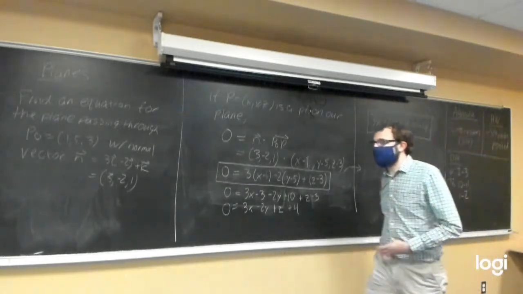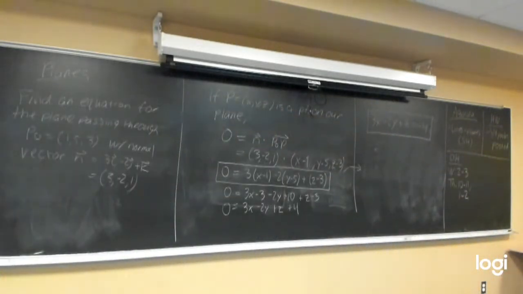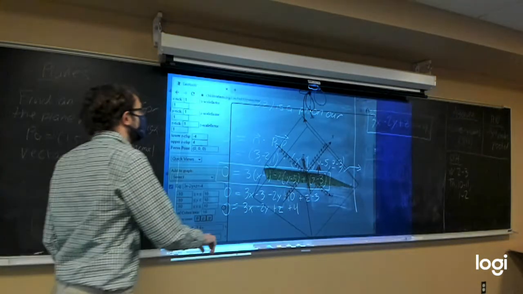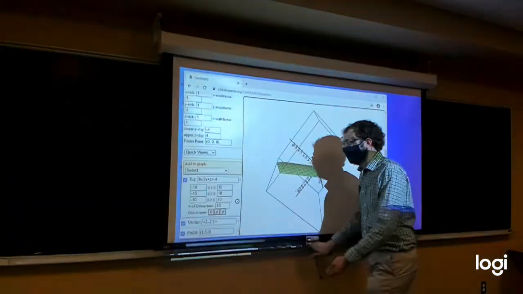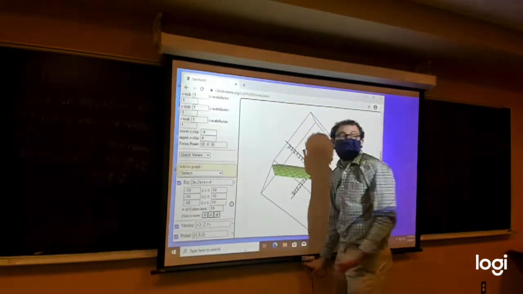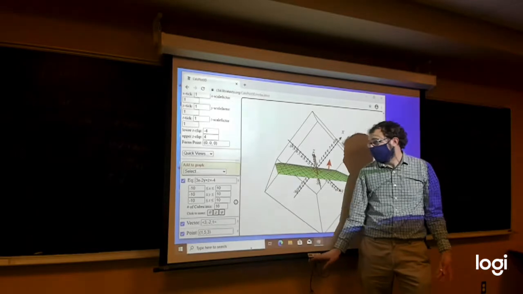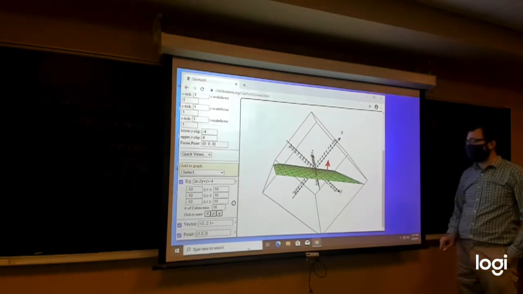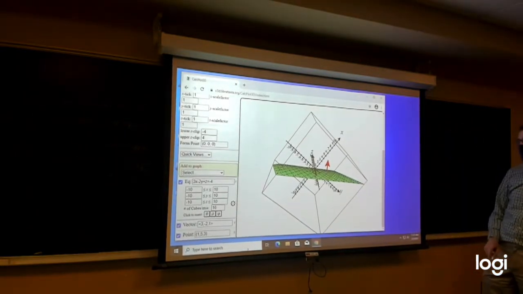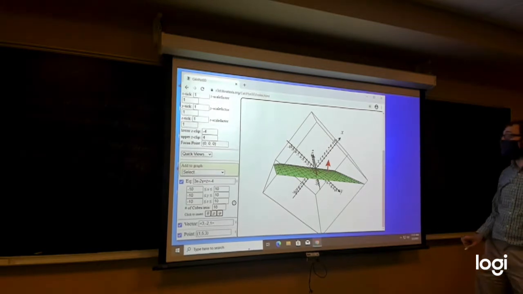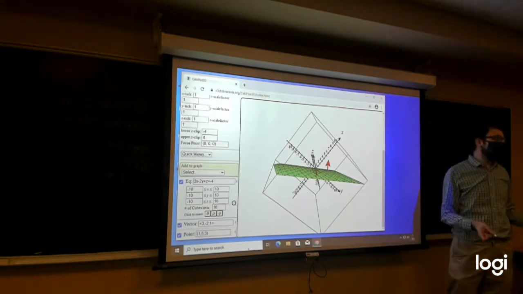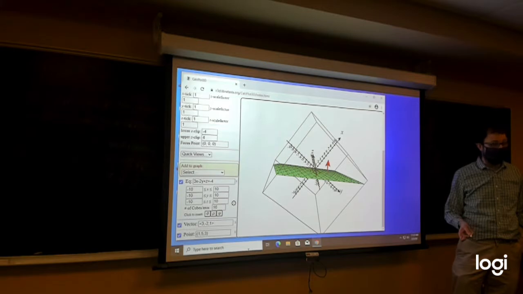Which, lo and behold, is exactly the formula that I came up with that gave us this graph, where 3x minus 2y plus z equals negative 4. Any point x, y, z that satisfies that equation.